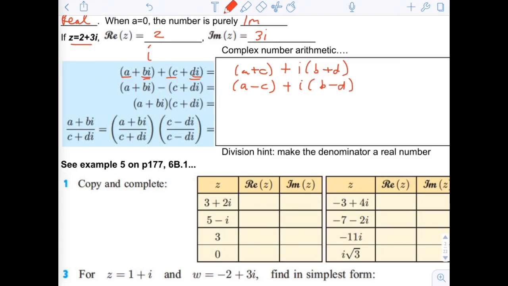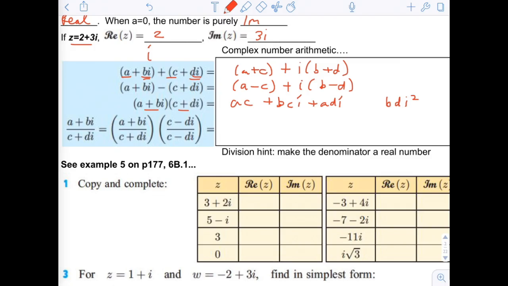Okay, and then to FOIL these together, you do the first ones, you do the last ones, so bdi squared, and then in the middle you're going to have bci, and you're going to have adi.